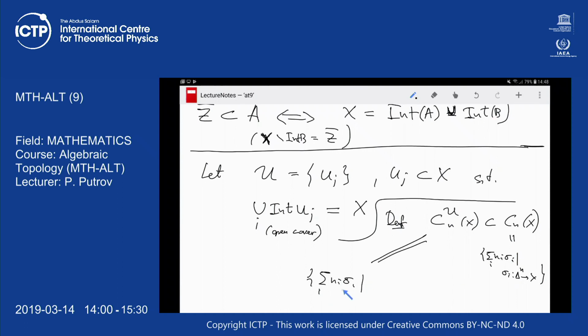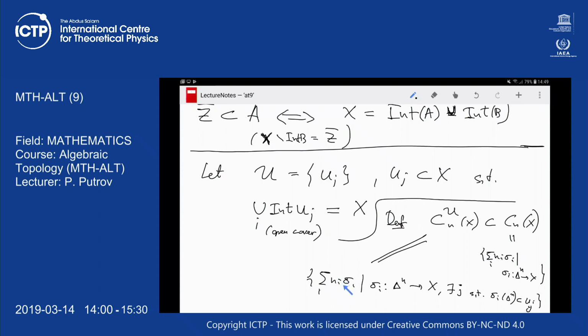where we want to require additional properties from the sigma_i's. So sigma_i is still a map from delta n to X, but we want the additional property that there exists some index j such that the image of sigma_i is completely inside the subspace U_j.